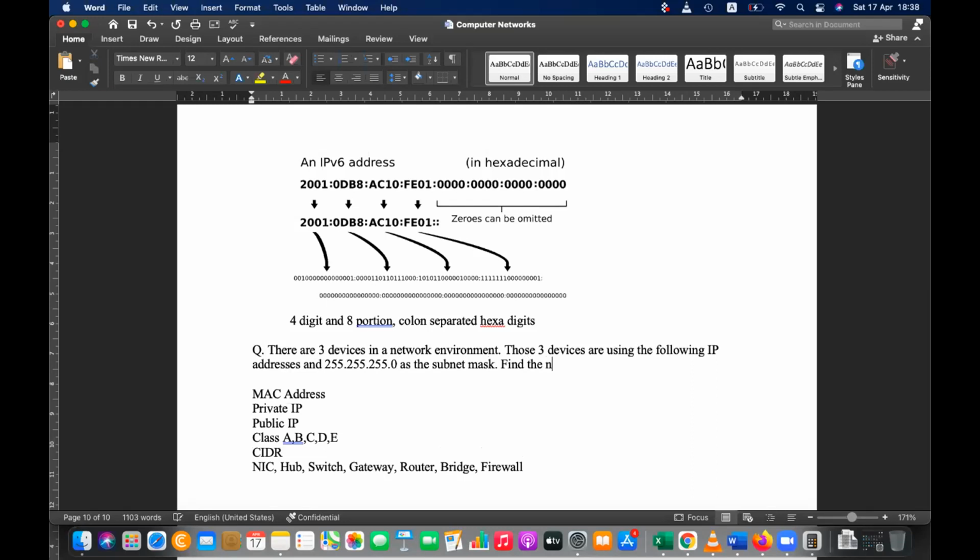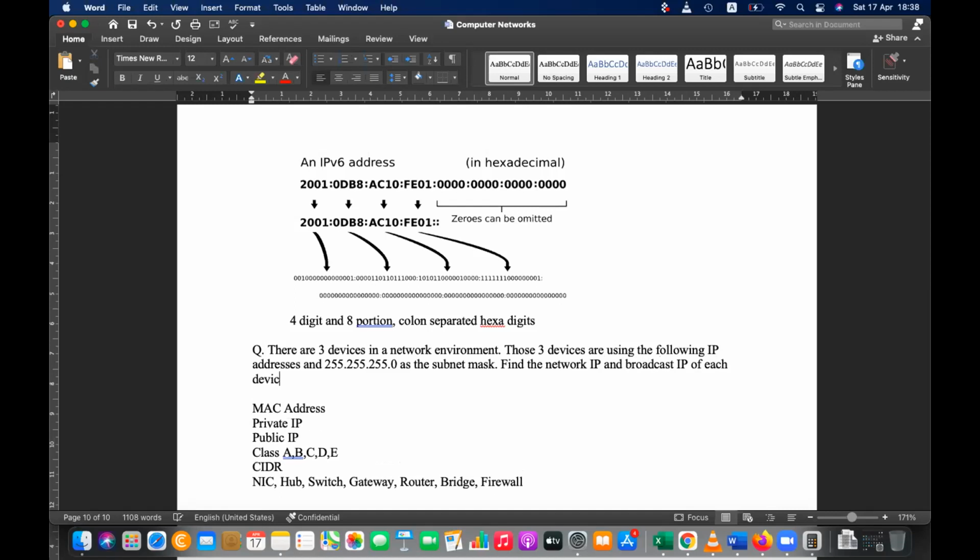Find the network IP and broadcast IP of each device.